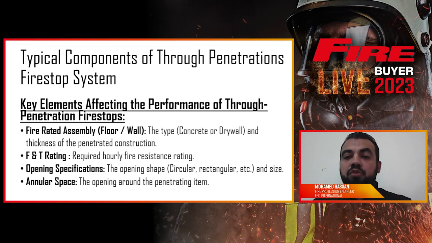This is very important to select the right system and how the system will perform in the event of fire when it's exposed to high temperatures. Second point, we have the F rating and T rating. What is the F rating and T rating of the fire-rated assembly? When you are selecting your system, it should match the fire rating. This is mandatory for all systems, and there are some exceptions for T rating.